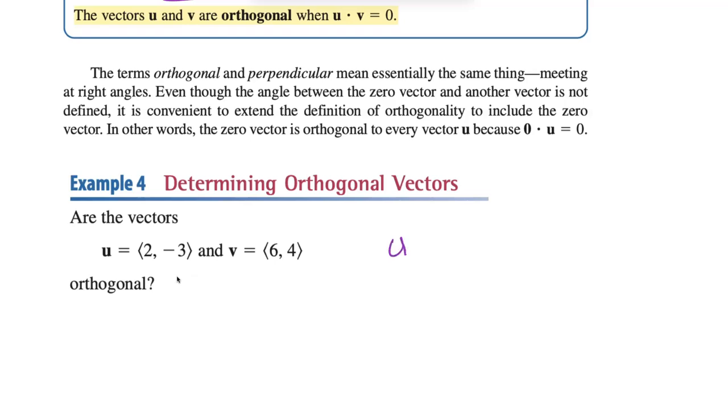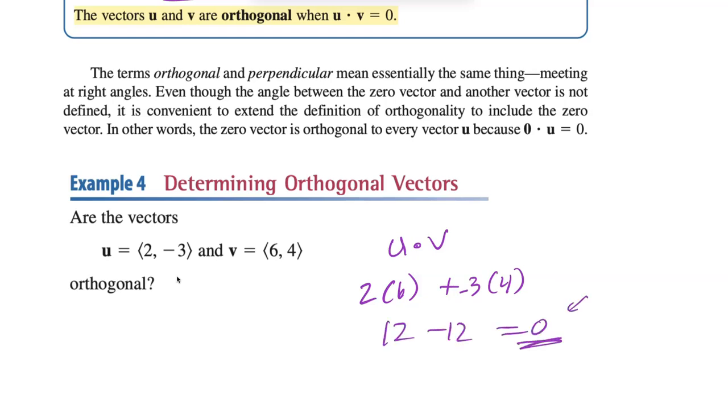So let's do the dot product with these guys real quick. 2 times 6 plus negative 3 times 4. I get 12 minus 12, which is 0. So yes, these two things are orthogonal. So u is perpendicular to v. They're orthogonal to each other. That's the lesson.